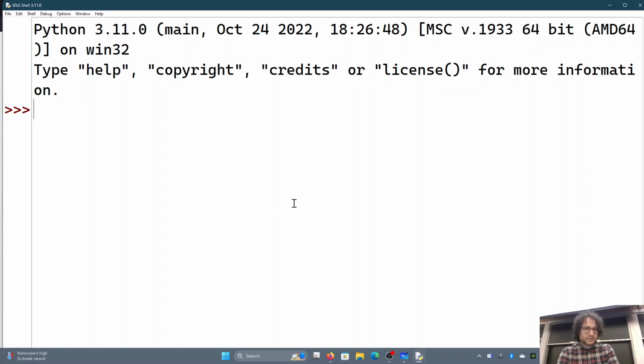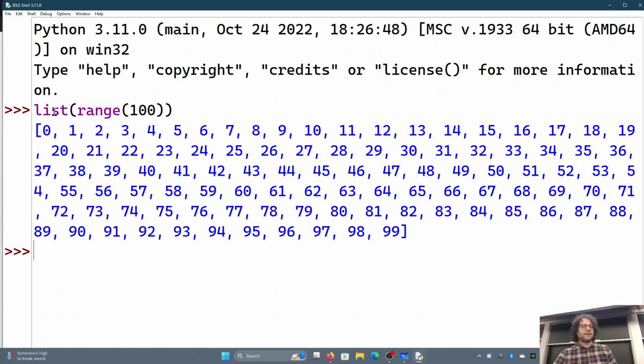If we do range 100, I take the range and convert it into a list, and you'll see that the range is a range of numbers. Specifically, it's all the numbers starting at 0 up to, but not including, 100. We'll learn why on Thursday, why it's 0 through 99, not 1 through 100. But 0 through 99, there are 100 numbers. That's why it goes 100 times.